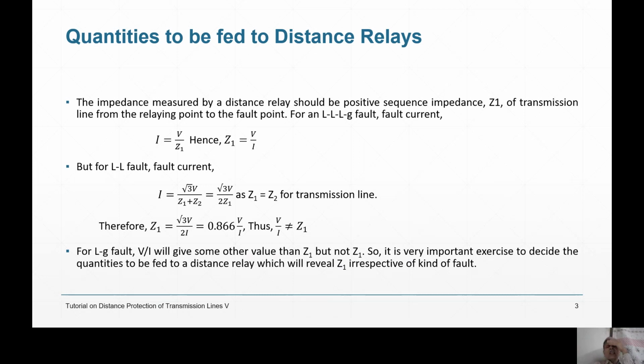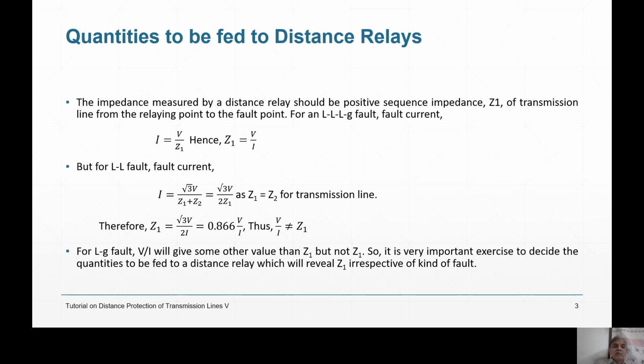That is the impedance measured from the relaying point to the fault point for the double line fault: 0.866, or 86.6% of the impedance measured for the three-phase fault at the same fault location. So how can you derive the characteristics? It is not possible. For a double line fault also, the impedance measured should be the same.